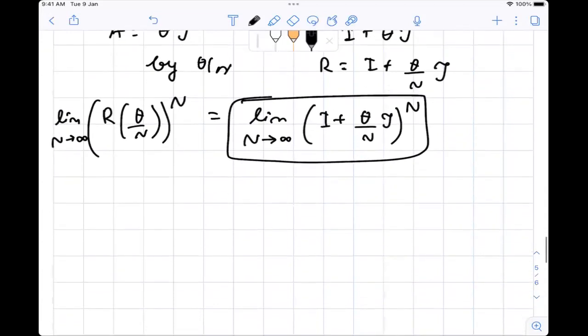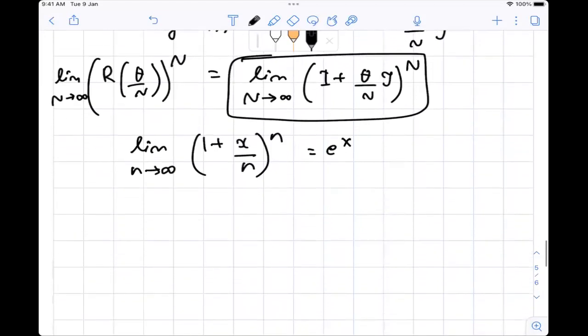So you remember this? As n goes to infinity, 1 plus x over n to the power n equals e to the power x. And that you can check very easily. This is also the definition of e, the Euler number. So if you put x equal to 1, then this is 1 over n.